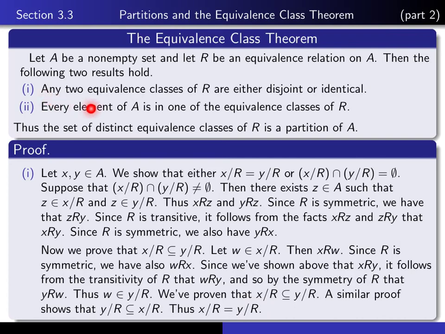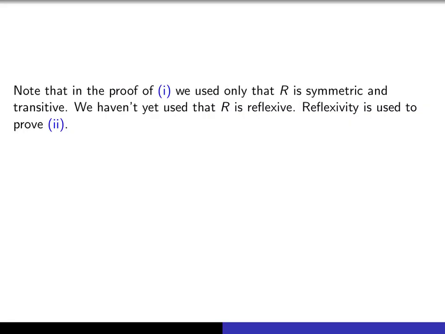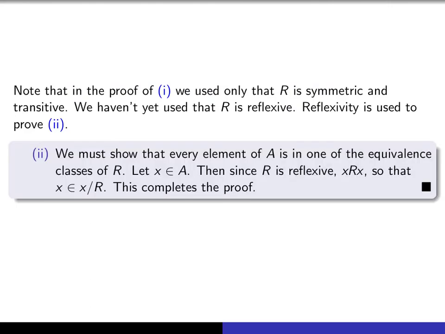Let's now turn to the second part, and that's really very simple, and that's going to make use of the reflexivity of the equivalence relation. Why don't you put your video on hold and see if you can write a proof of the fact that every element of A must lie in one of the equivalence classes of the relation R. Okay, so here's the proof.